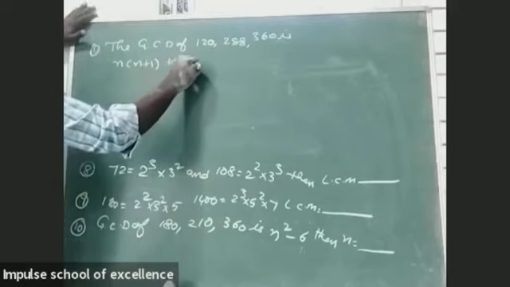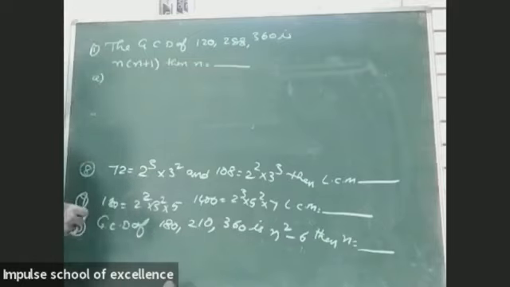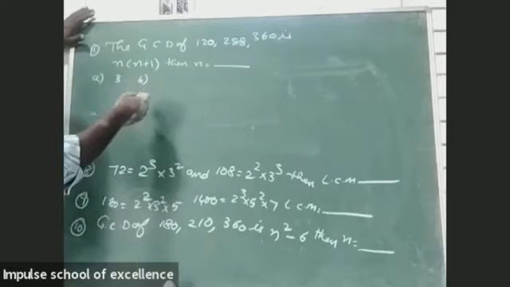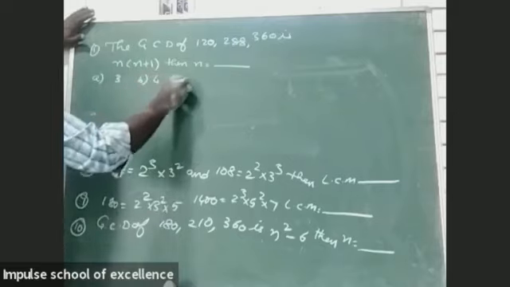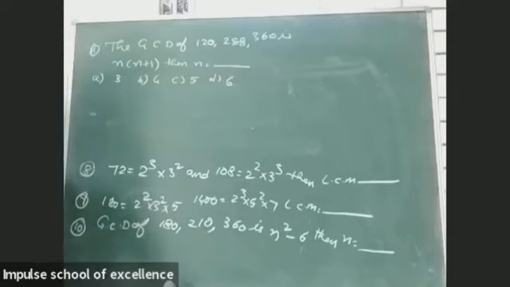Then n is equals to dash. Option A 3, option B 4, option C 5, option D 6.